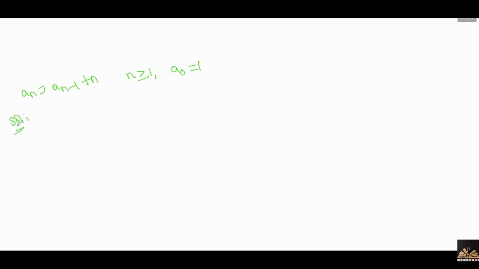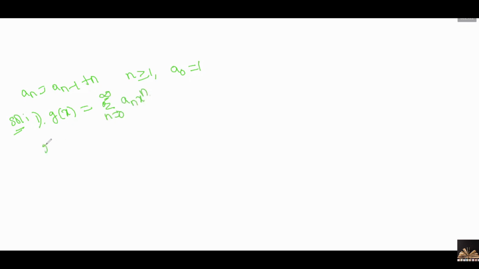Always the first step is you need to define the generating function. Define the generating function as summation of n is equal to 0 to infinity a n into x power n.